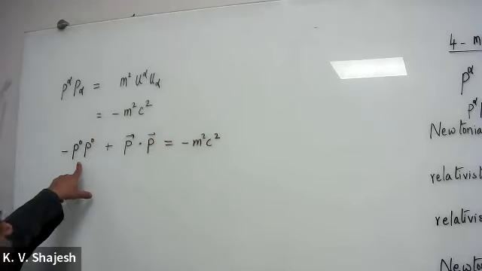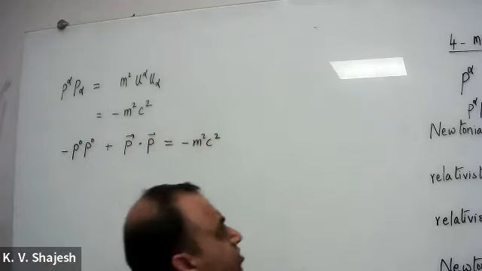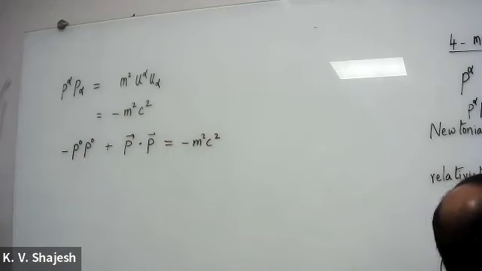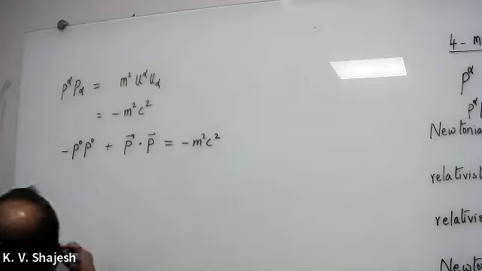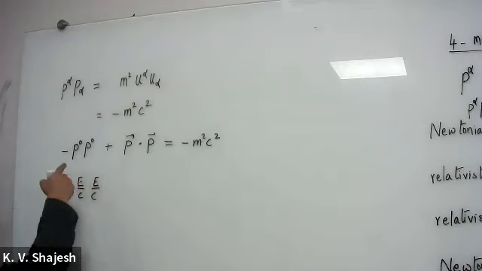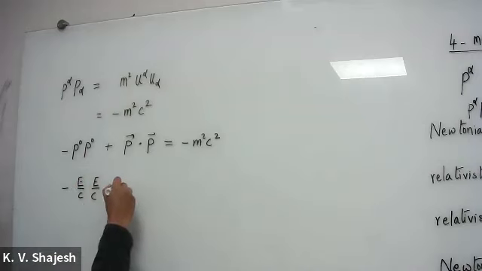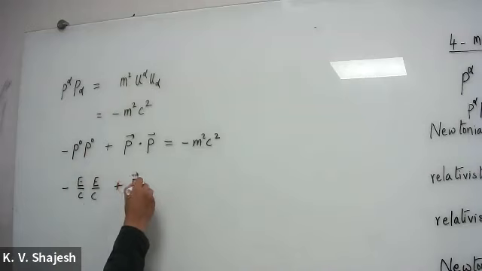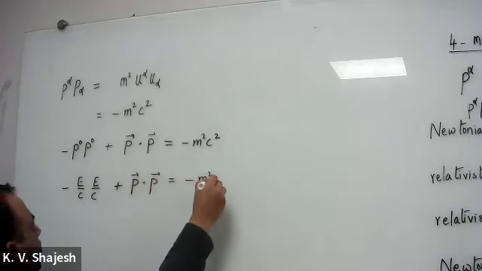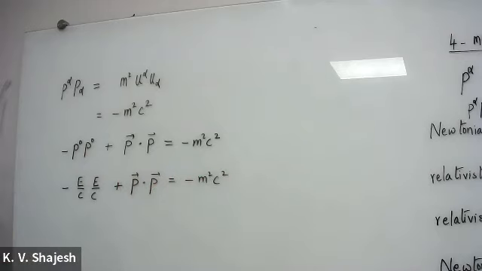What is P0? P0 is your mc gamma. mc gamma is nothing but E over c. So I can say this is (E over c) squared, plus P dotted with P equal to minus m squared c squared.